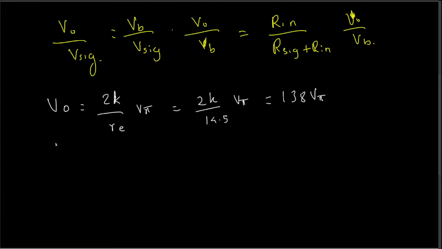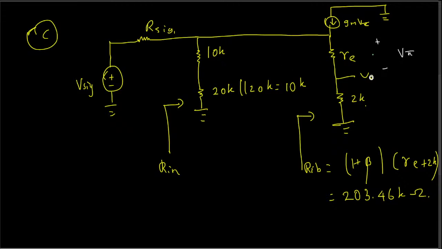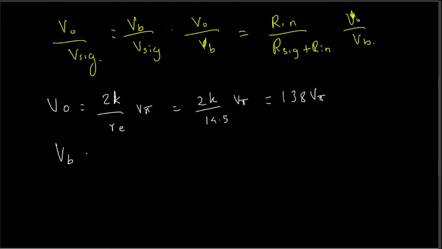And then Vb is nothing but, if you look at the circuit right here, Vb is the voltage right here. This voltage minus V5 minus Vo should be equal to 0. Therefore, we can say Vb is equal to V5 plus Vo. And Vo we calculated to be 138 V5. So 138 V5 plus 1 V5, that's 139 V5.